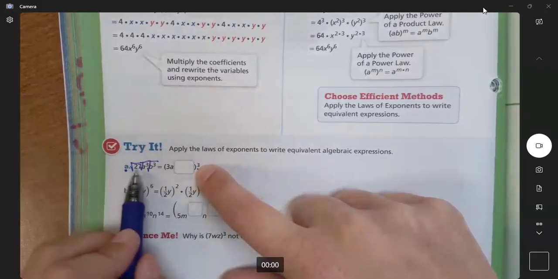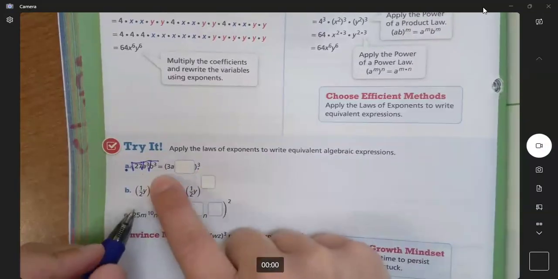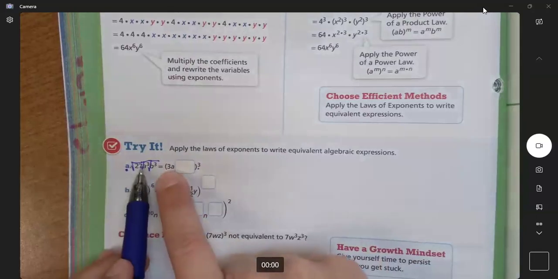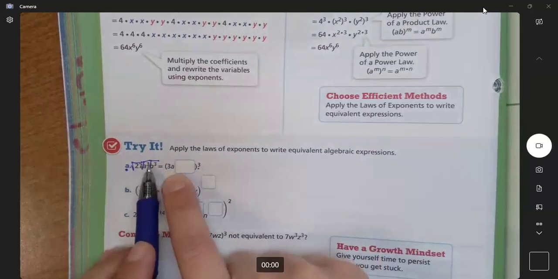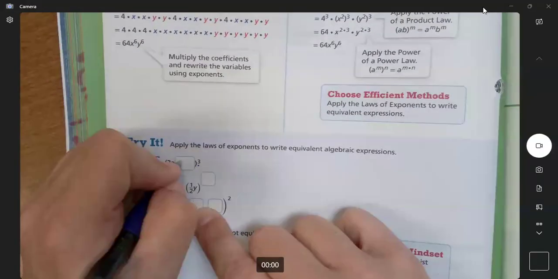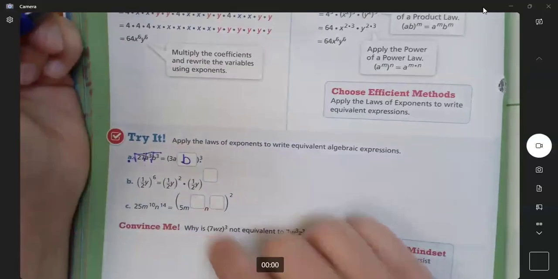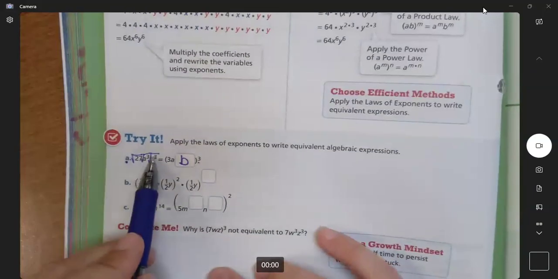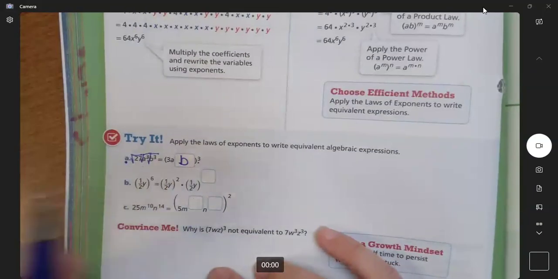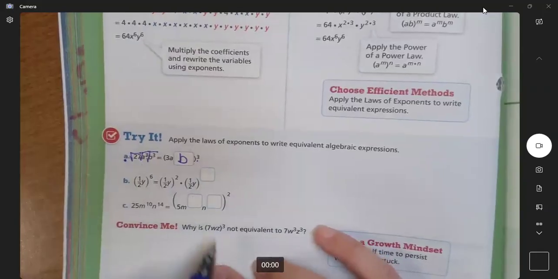So what times what times what is 27? You get 3. And then the cube root of a to the third is just a, and the cube root of b to the third is just b. So we're basically just taking the 3 out and then putting it around in parentheses.